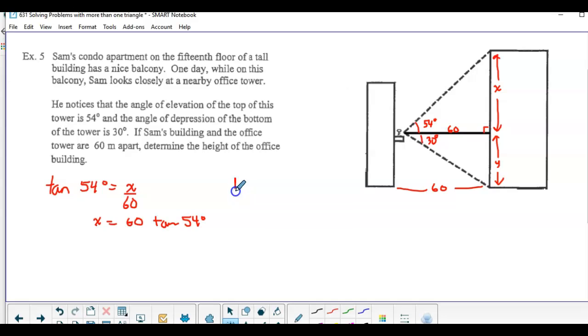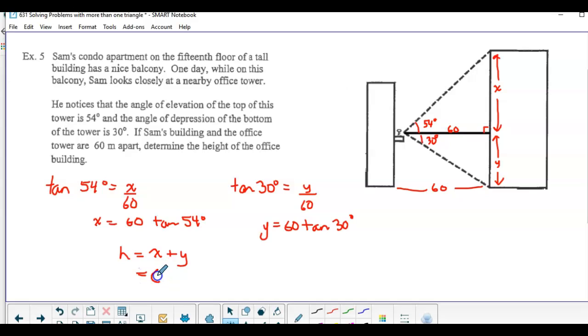And then tan of 30 equals Y over 60. So Y equals 60 tan 30. And so the height is X plus Y.